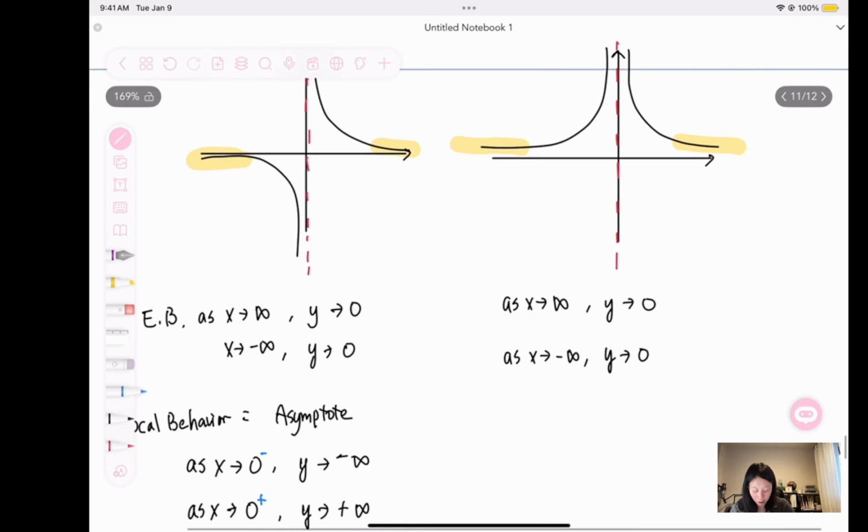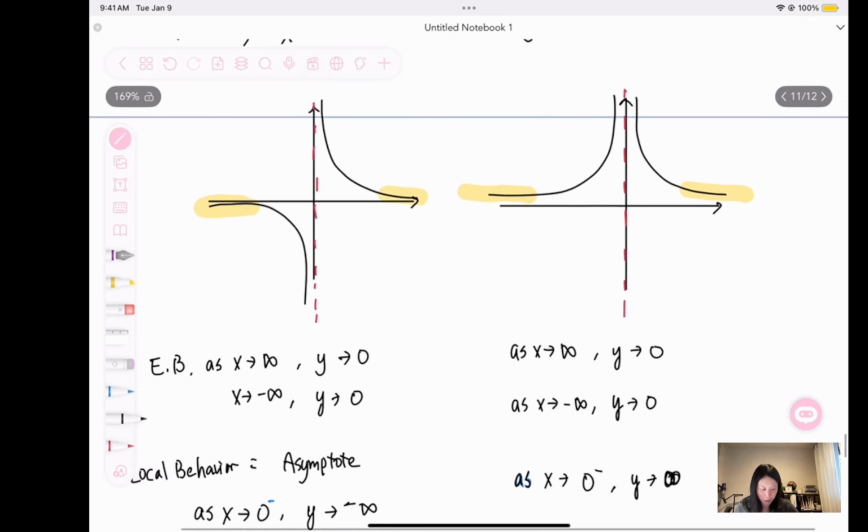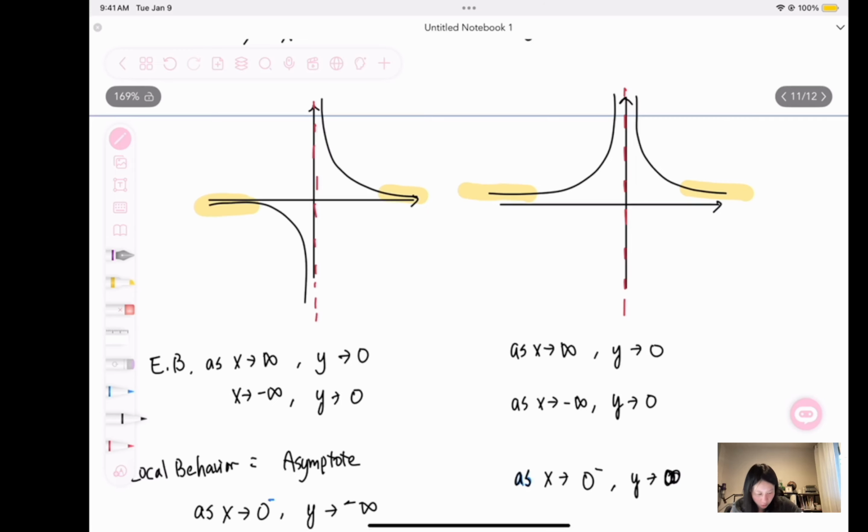Similarly, for the local behavior of the reciprocal function, as x approaches 0 from the negative side, from the left, it keeps going up, so y approaches positive infinity. Here's the arrow.